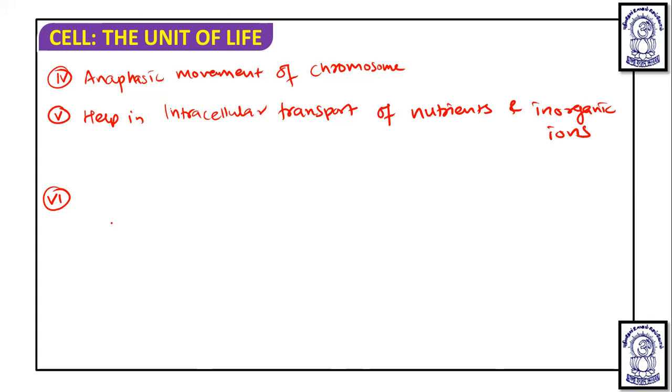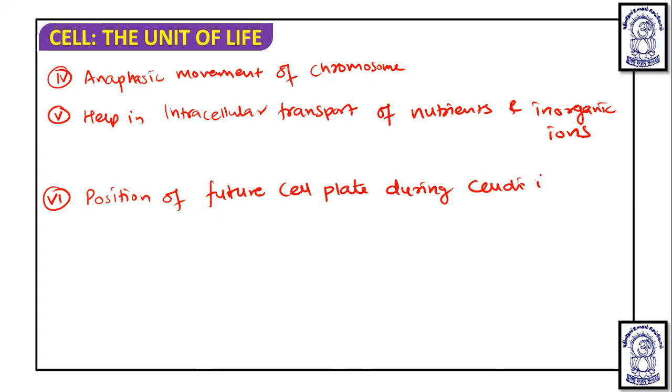Whereas the sixth function is the position of the future cell plate during cell division in plants. Okay, so all these functions are carried out by the microtubule, which are also proteinaceous filamentous structures.